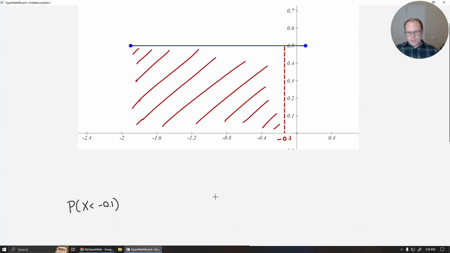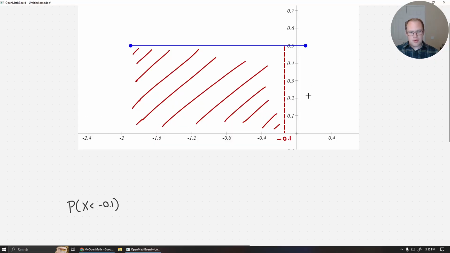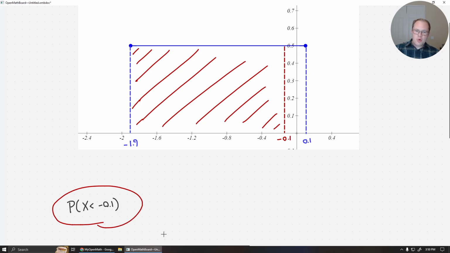Let me go ahead and draw the left and right edges in here so we can get a feel for that. The left edge is at negative 1.9. The right edge is at 0.1. It tells me right here. So this guy's at negative 1.9, and this guy's at positive 0.1. Once we draw on those edges, it's easier to see that the region we're interested in is a rectangle.